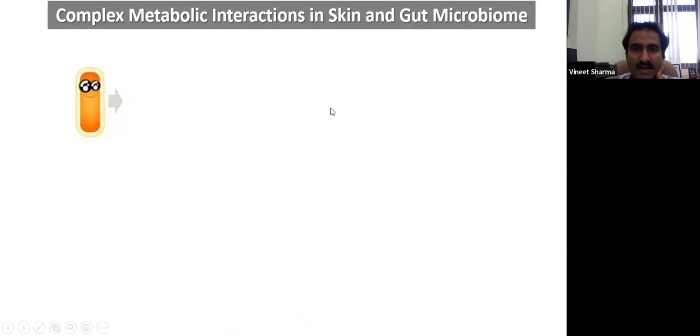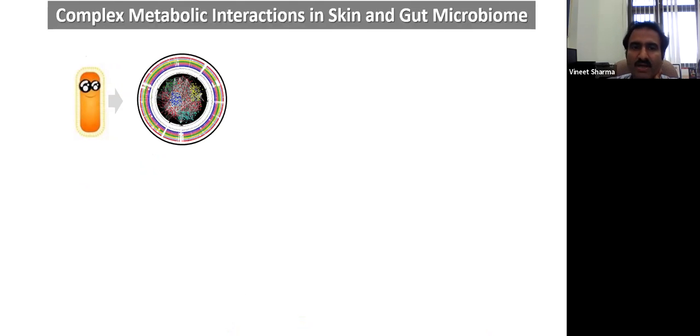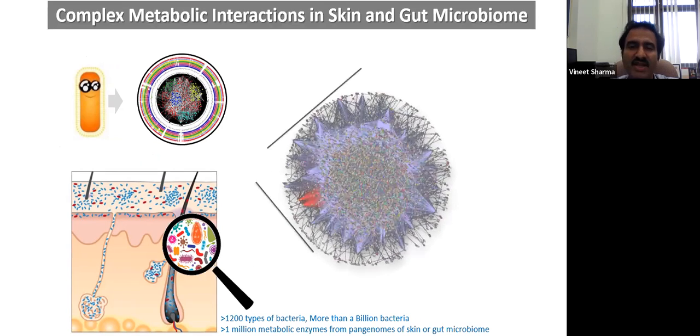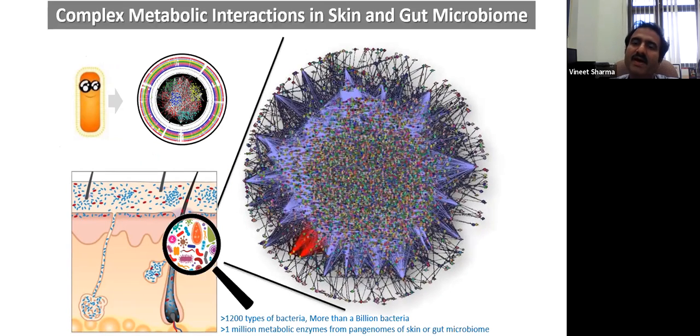Okay, so I'll show a common slide for skin and the gut microbiome. Basically, this single microbe contains its own set of interactions that are happening, with different enzymes which are acting. It has its own interactome. But when we see skin and scalp, which contain millions of these microbes, what we are dealing with is something like this: billions of interactions happening all the time.